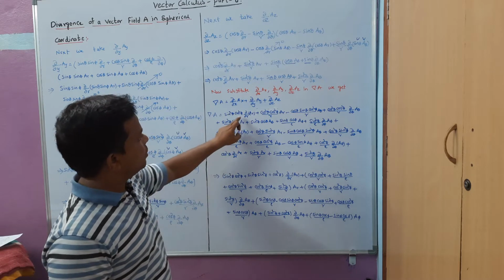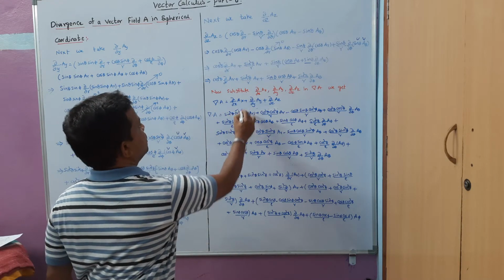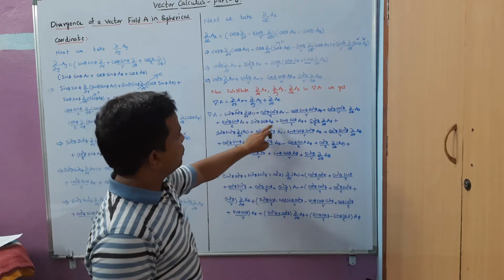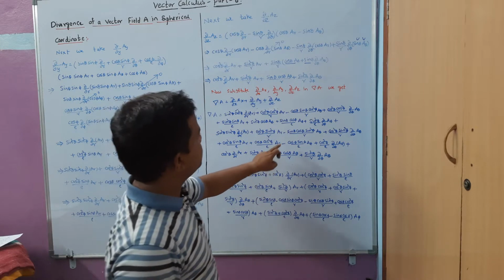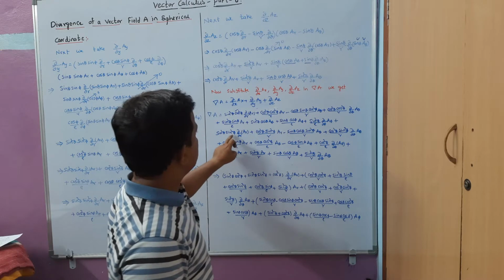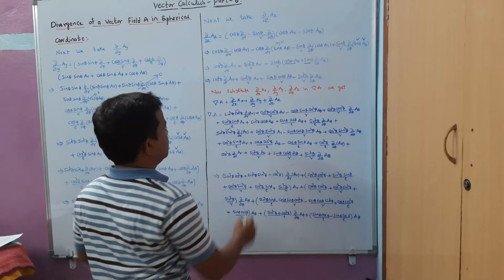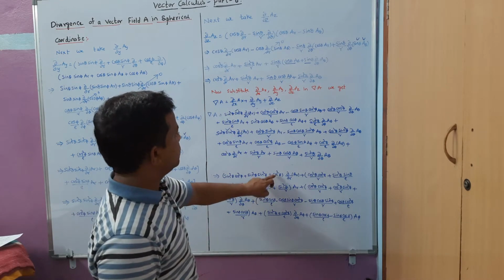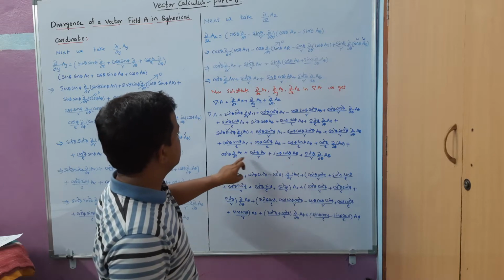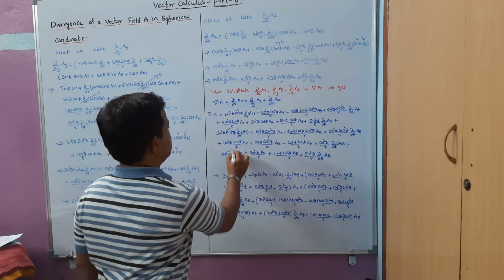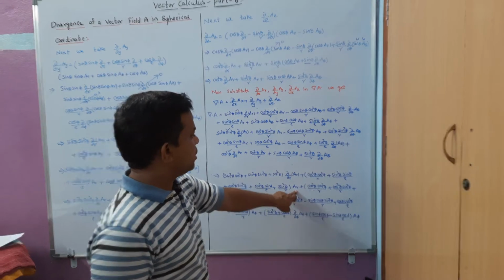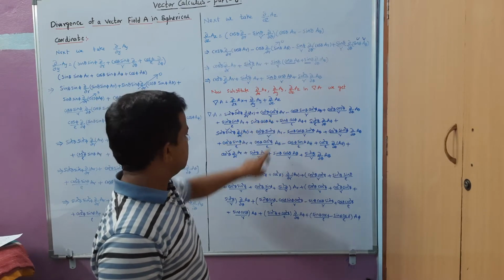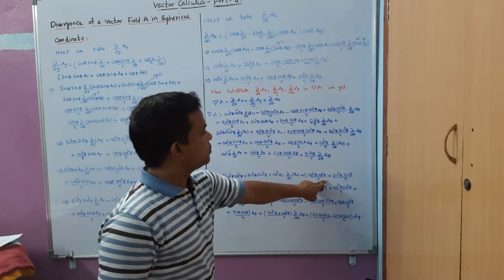So you can see here del by del r of term here it is 1, and next del by del r of ar, again there is another term here, del by del r of ar, again another term here. Next cos square theta, where is it, yeah, this one. So these three terms are completed, del by del r of ar. Next we have to take the ar terms. The ar terms are here, this one: cos square theta cos square phi by r.